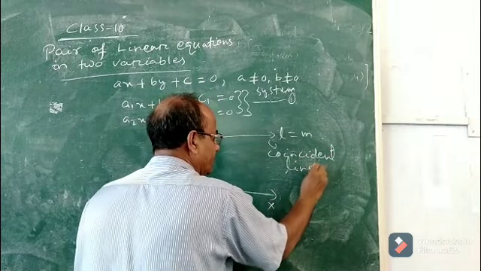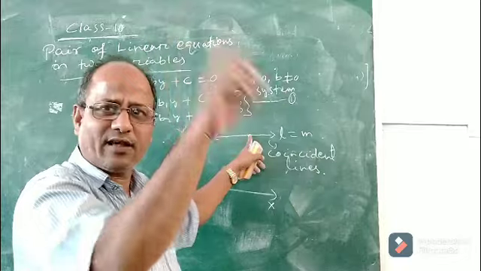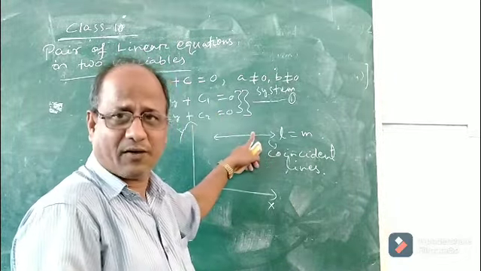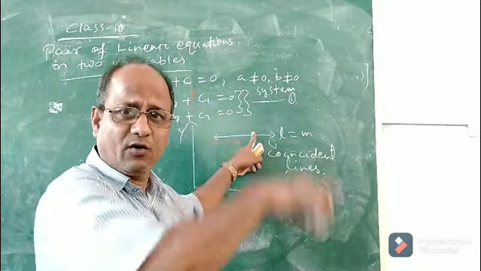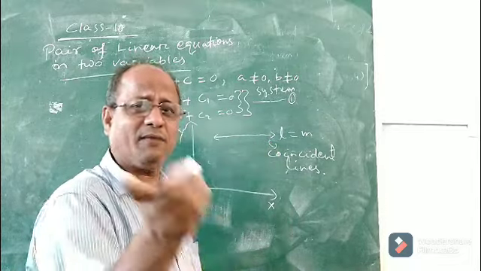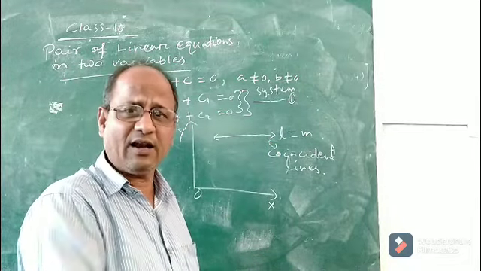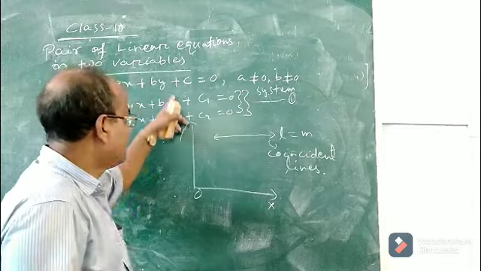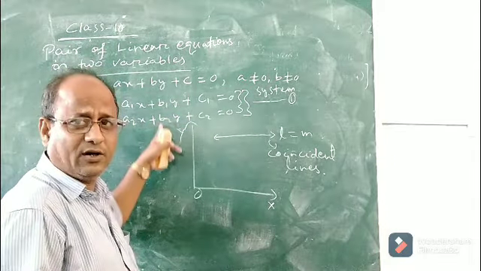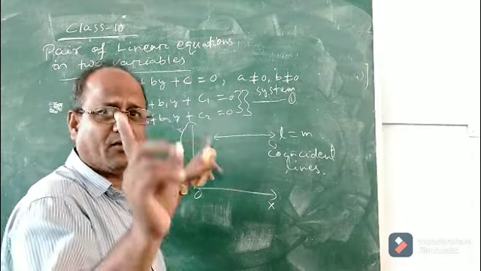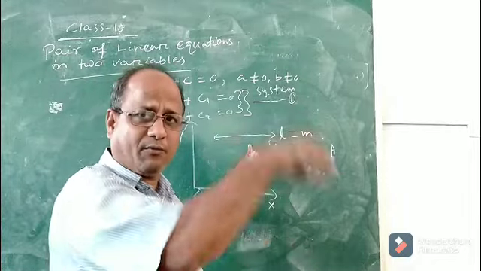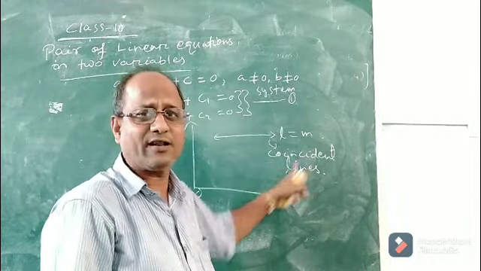When the two lines are coincident, one line will overlap over another. That means L and M become the same line, okay?